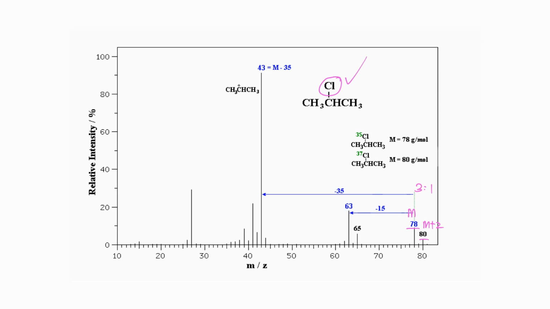So besides the molecular ion, we could actually look into the peaks for fragment ions. If the fragment ion has one chlorine atom, we could actually see the same pattern of peaks for the mass number, where we have M, M+2, and the relative heights will be the same as well, which is 3:1.